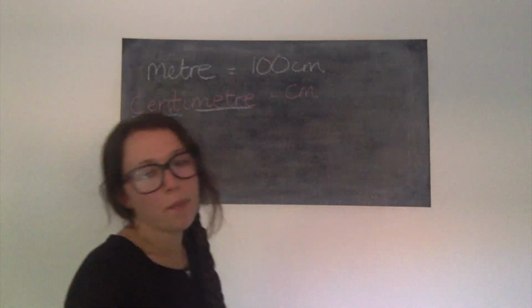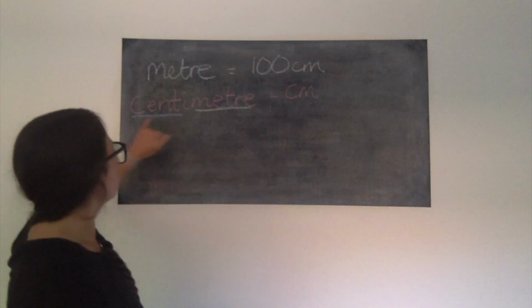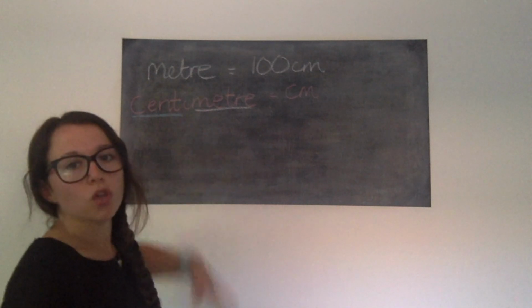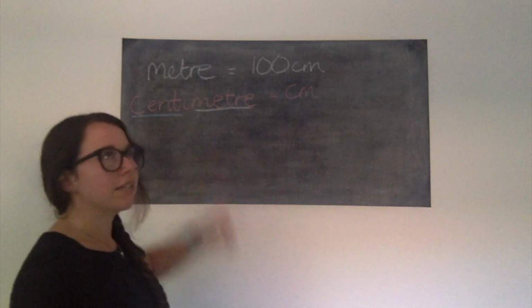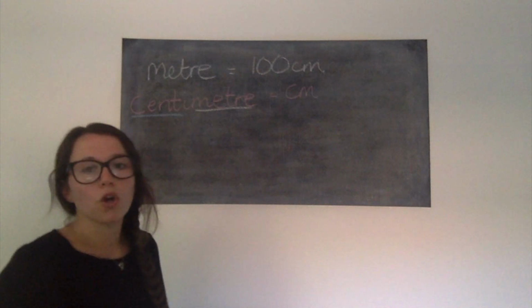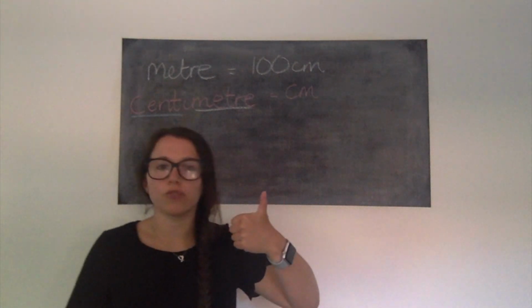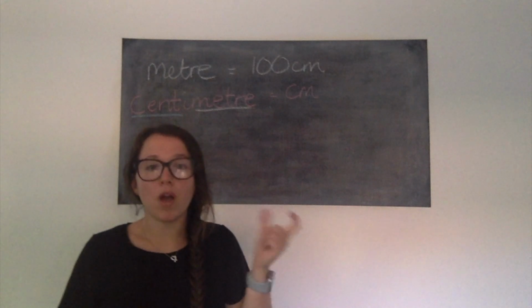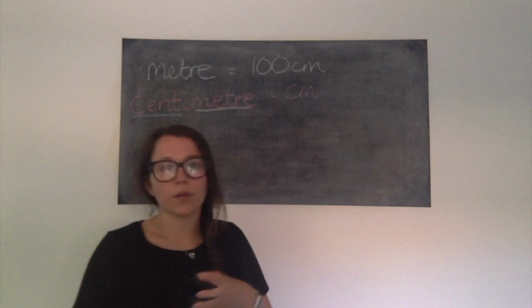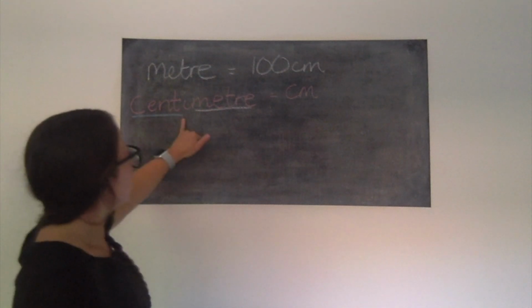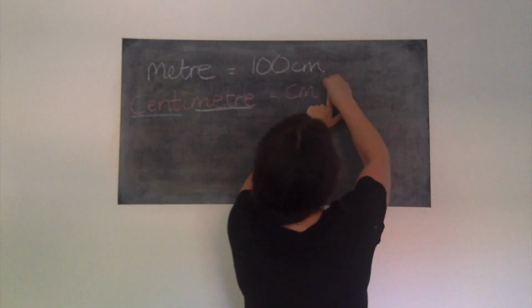Now, to help us remember this, the prefix cent actually means hundredth. And we see this prefix cent in lots of words meaning 100. So think of century, or per cent has got the cent in it, so that's per 100. Okay, so centimetres are quite small.